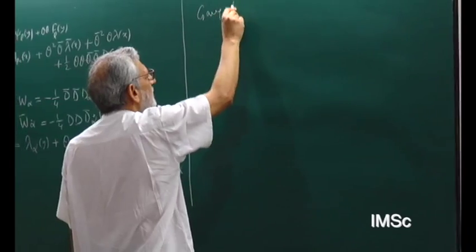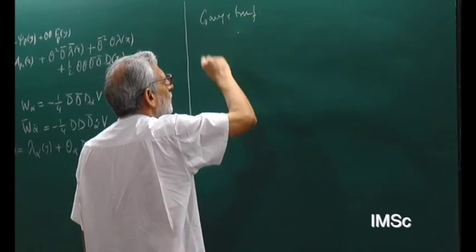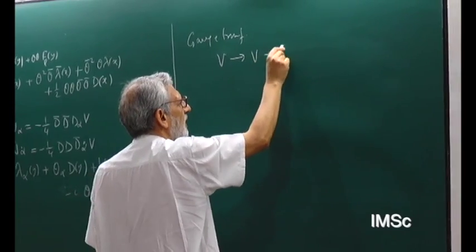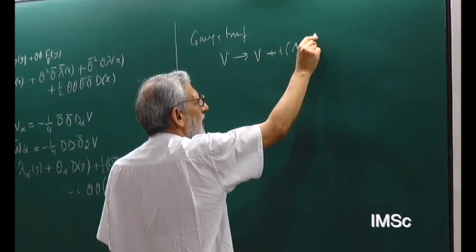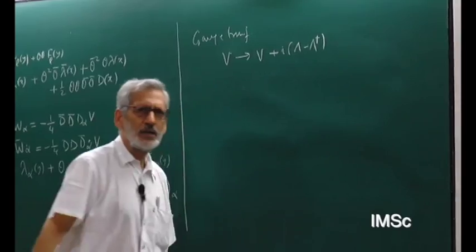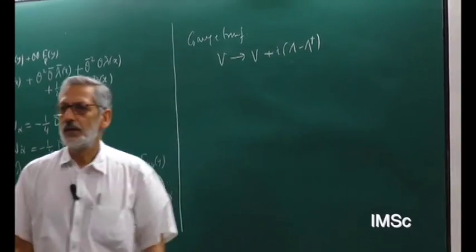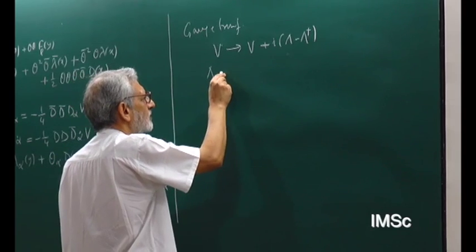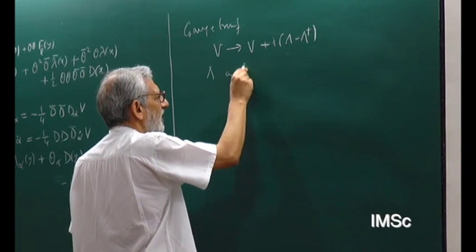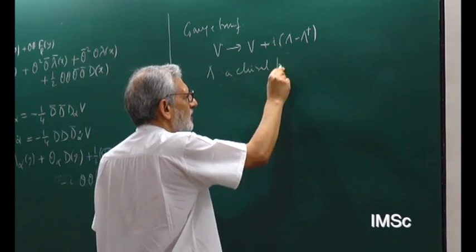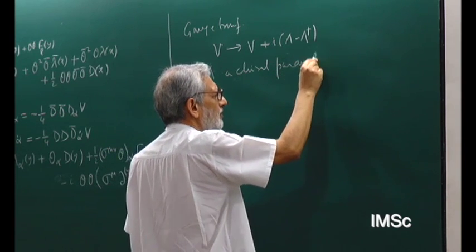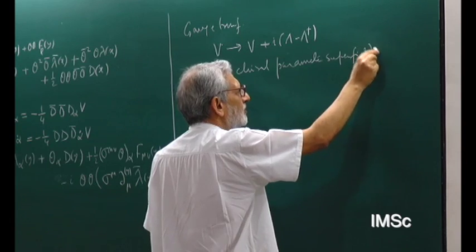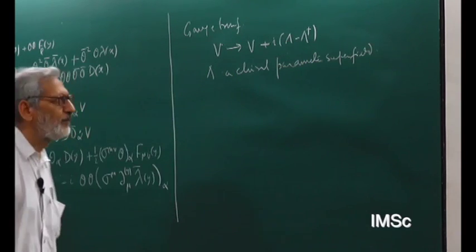The gauge transformation on the vector superfield is V goes to V plus i(Lambda minus Lambda dagger), where Lambda is a chiral parameter superfield, and Lambda dagger its conjugate.